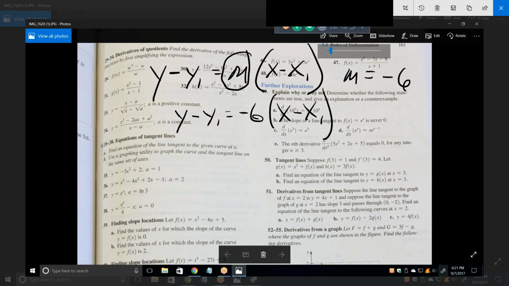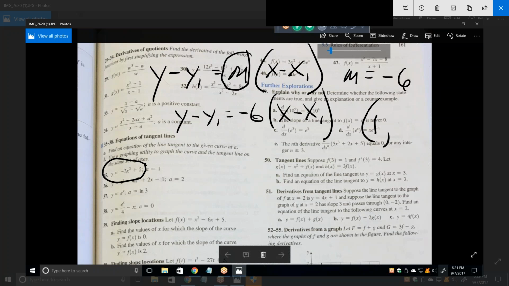Now we need a point. This is called point slope because you have a slope and you have a point. What is our xy point? What's our x value? Our x value is 1. What's the y value when x is equal to 1? Calculate that from the original function.